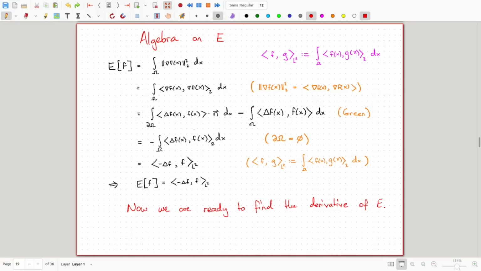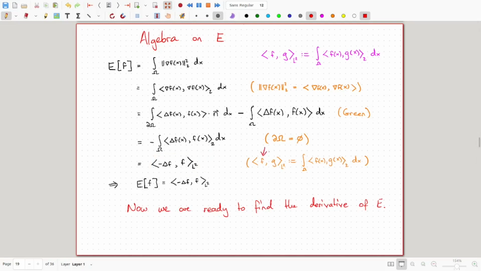And then we use the property that the boundary of omega was 0, as we decided. This is only true because we defined our functions this way. And then we can write this whole expression as an inner product itself.